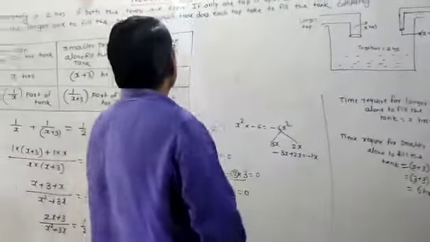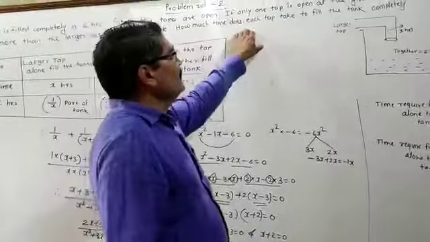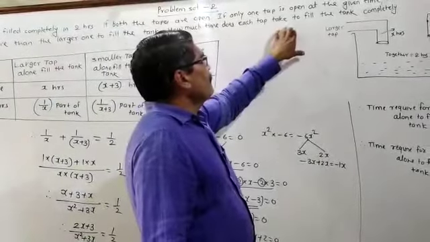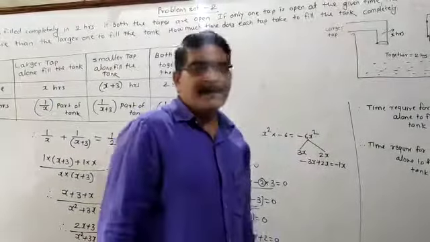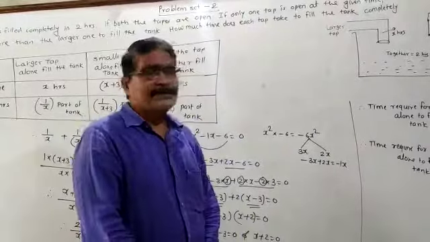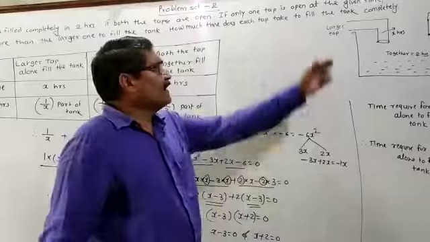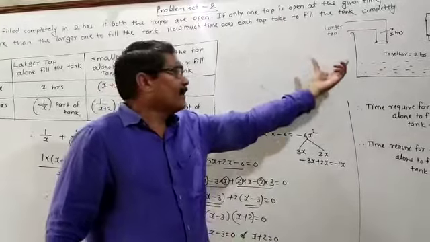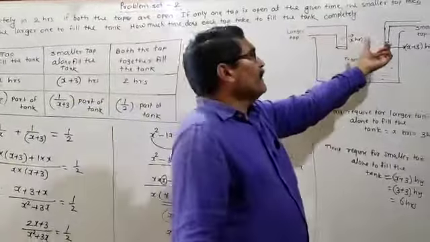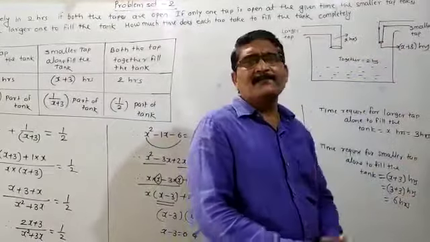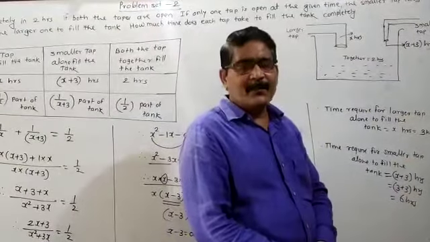Then you have to find out how much time each tap takes to fill the tank completely. The larger tap will require how much time, and the smaller tap will require how much time, that you have to find out.